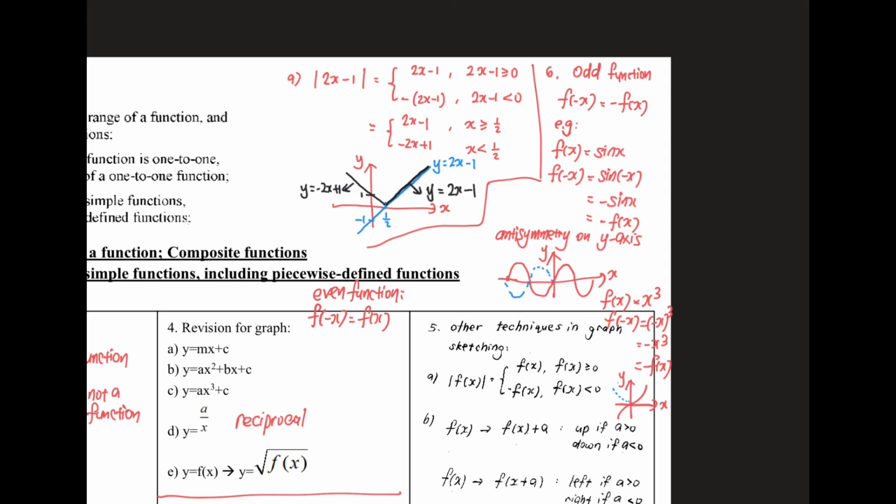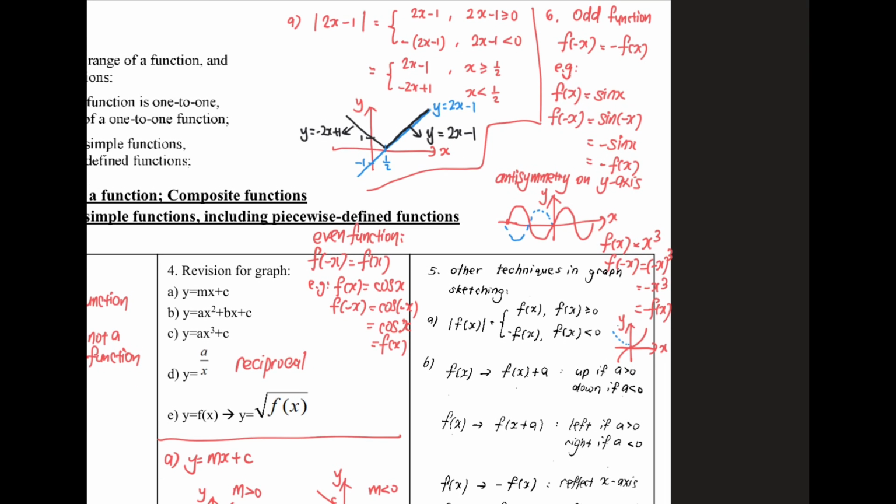So let's say, for example, fx equal to cos x is an even function because if you put negative x to the x, based on trigonometry function, it will become cos x at the end. That is fx. We get back fx. Okay, so what is so special about even function here?